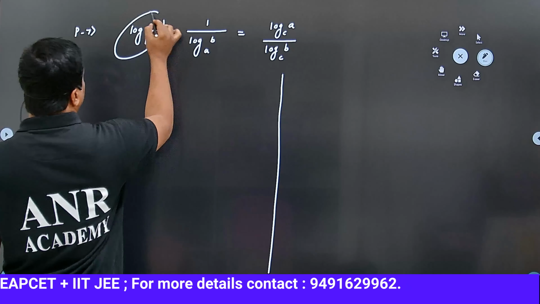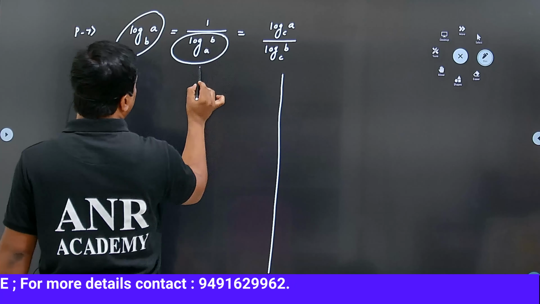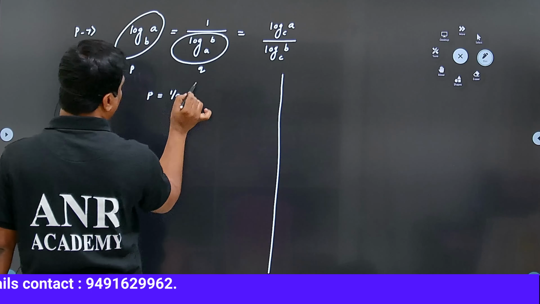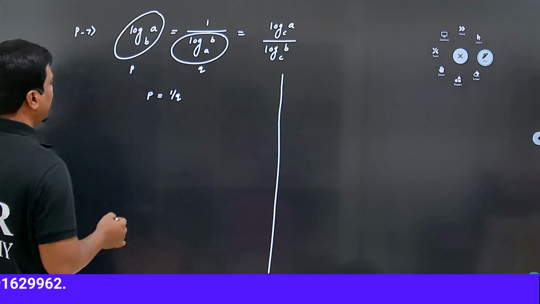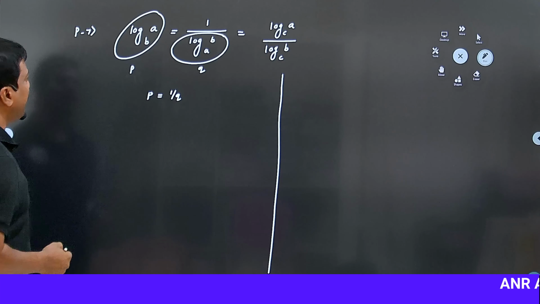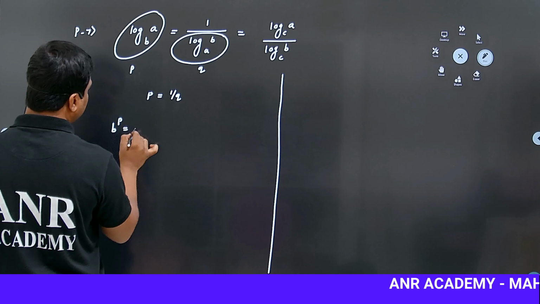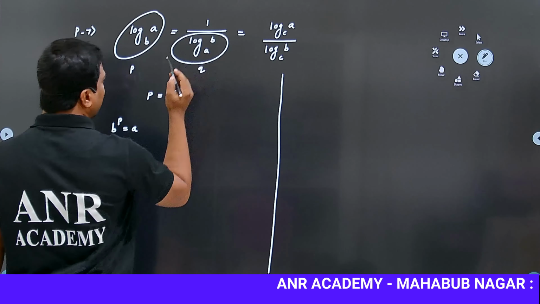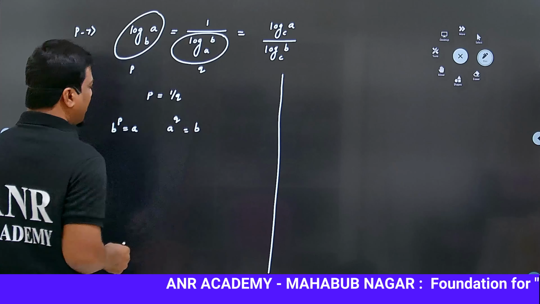Suppose you select this one as p and the denominator part as q. It is enough to prove that p equals 1 by q. Log a base b equals p implies b power p equals a. Next, log b base a equals q implies a power q equals b.